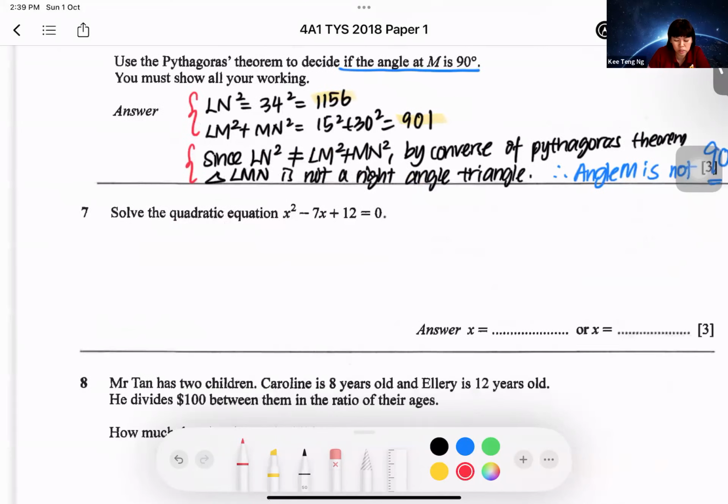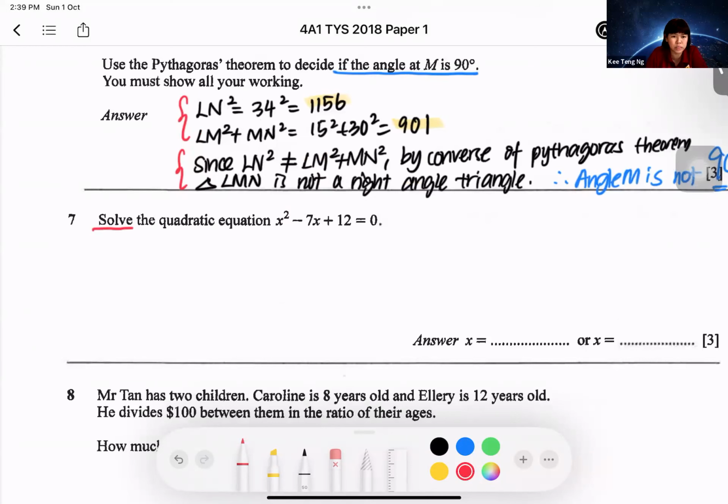Next question. This one is solve the quadratic equation. Different from factorize. If the question says factorize, I need to find it in terms of the brackets. I can use my calculator mode 522, but I must remember to change sign. But when I use solving quadratic equation, I need to show the working. A equals the number 1, no square, just 1.